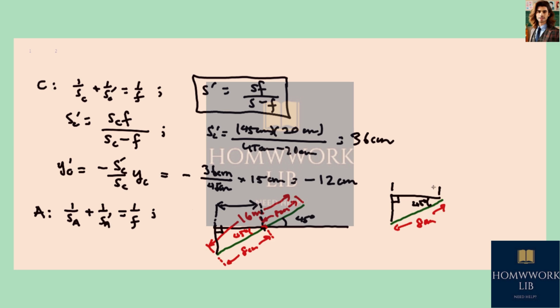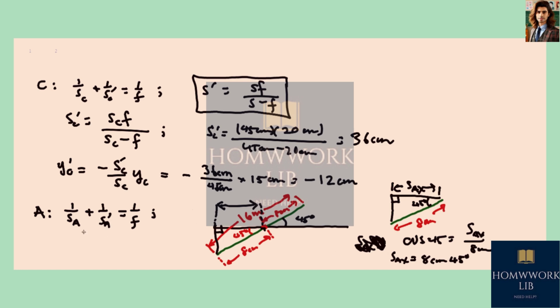So how do I find that length? Let's call it SAX. So you can note that the cosine of 45 is equal to adjacent over hypotenuse, which is SAX over 8 centimeters, or SAX is equal to 8 centimeters times cosine of 45 degrees.